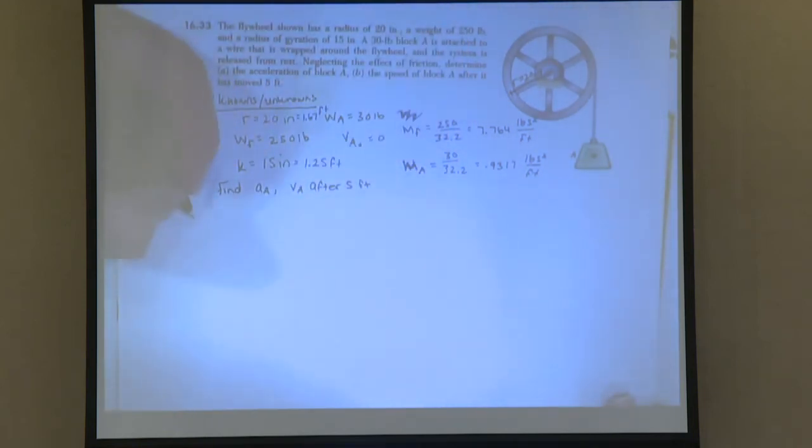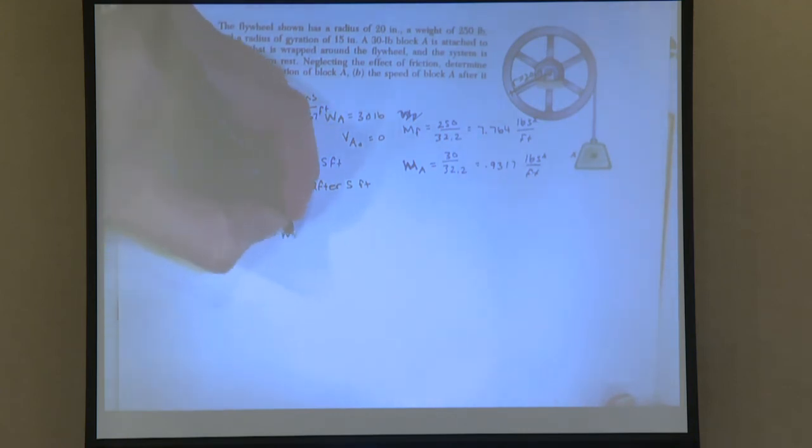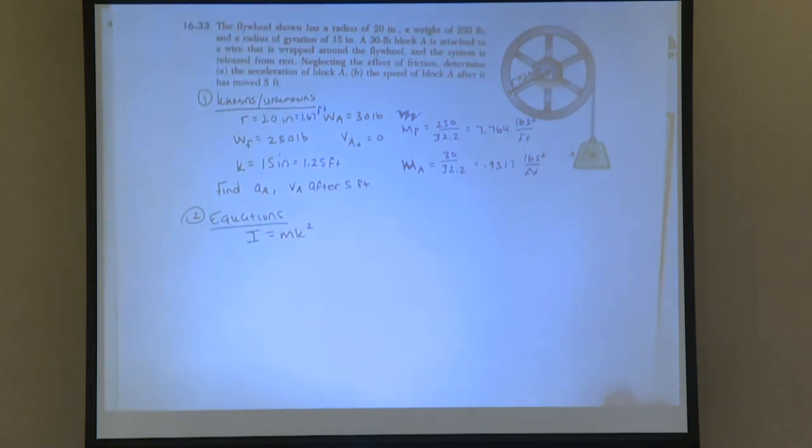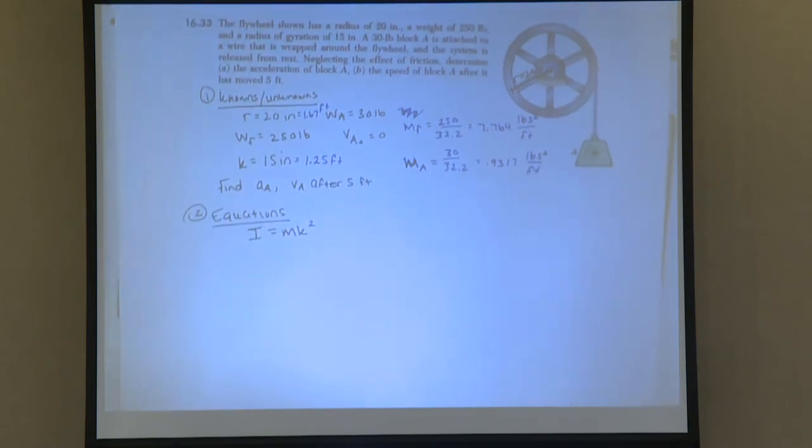So step 2, equations. I is equal to mk squared. If they did not give you k, then you would have to use that chart that she said she would provide, and use the radius or the shape of the figure to find it.